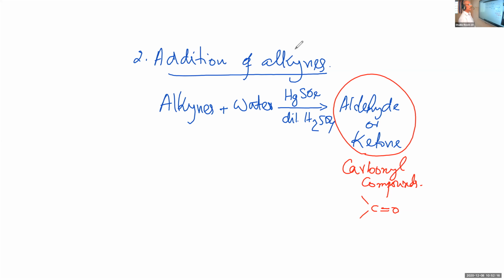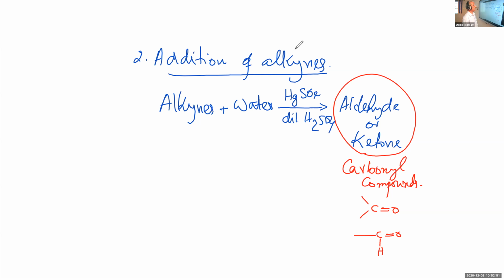For example, you take say aldehyde. In aldehyde, there is a C double bond O H, the CHO group. And in ketone, there is a CO group directly. So both the aldehydes and ketones contain the CO group, which is the same as the carbonyl group.